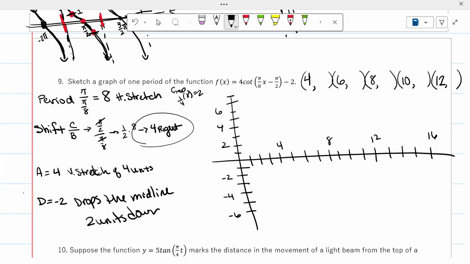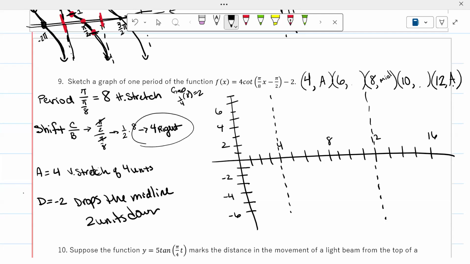For the cotangent function, it starts with an asymptote. We have a stretch, midline, stretch, restart with an asymptote. So I'm going to have an asymptote here and an asymptote here.